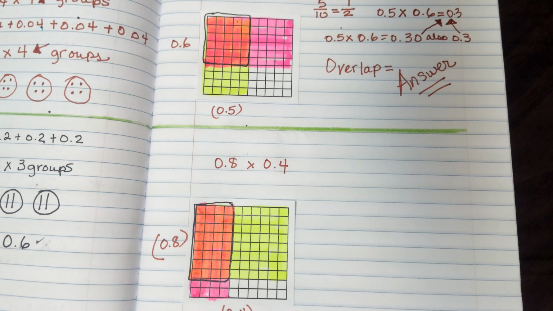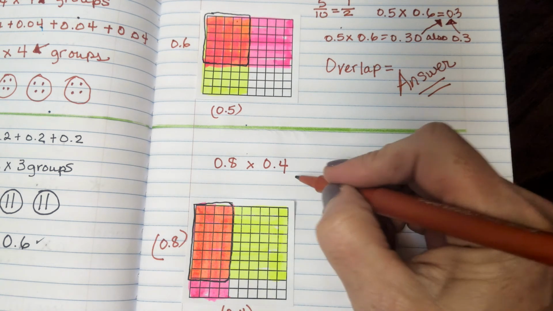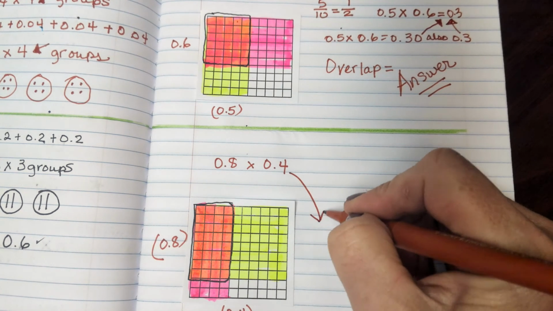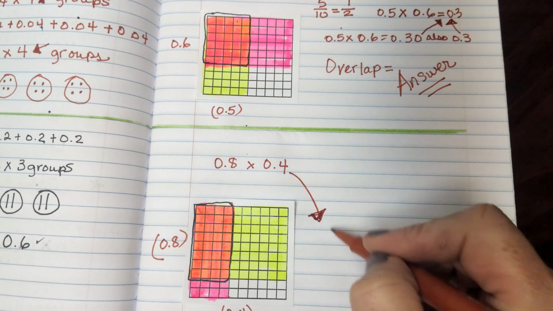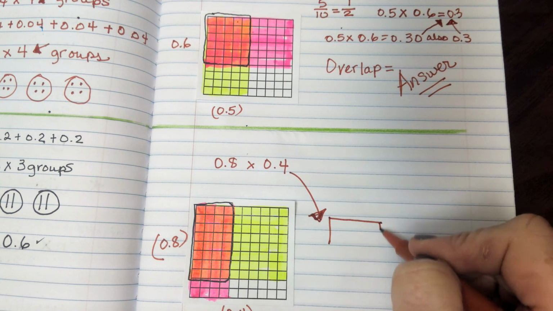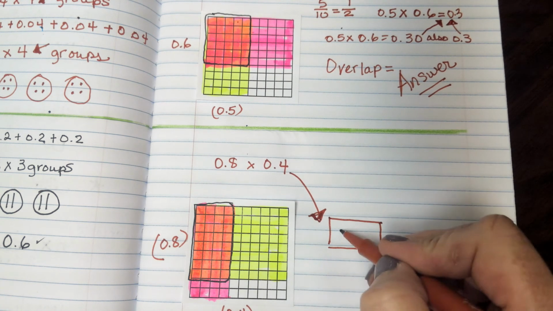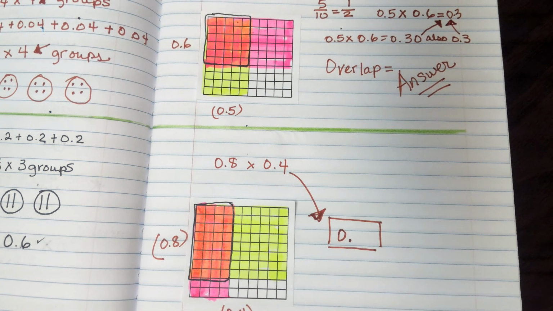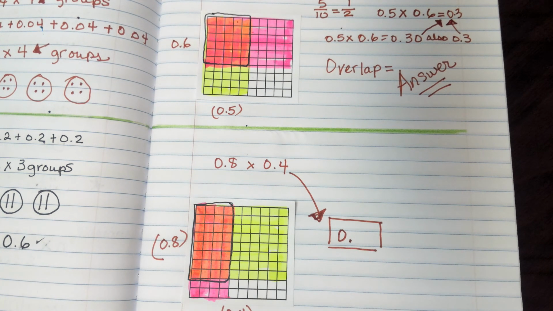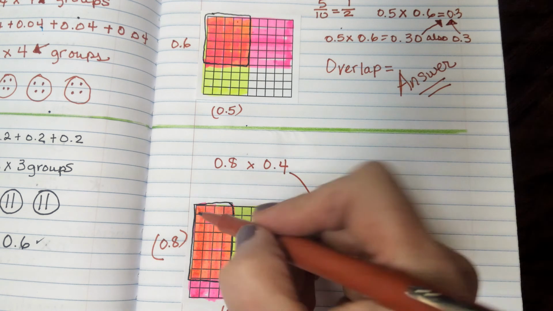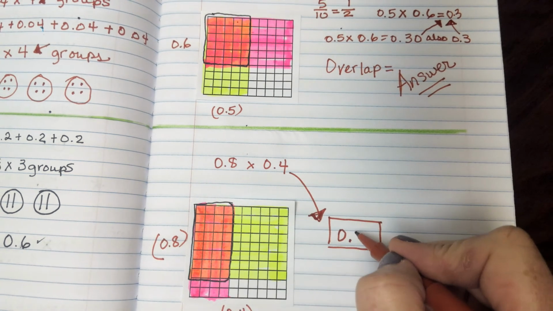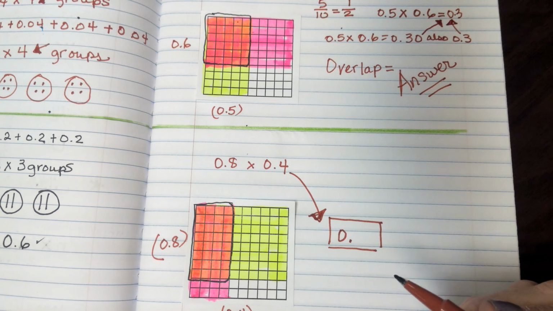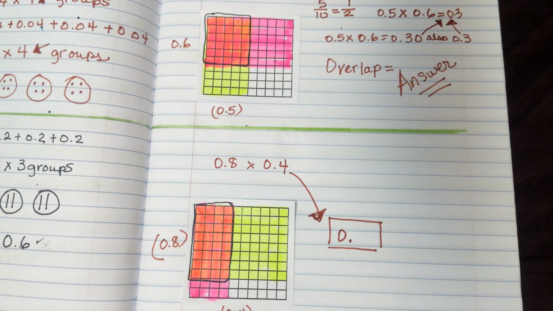My answer is the overlap. Can you count and put your answer in decimal form? There you go. Everybody thinks a little differently, a little bit more creative. Okay, give me a thumbs up when you've got your answer after you've counted your overlap.